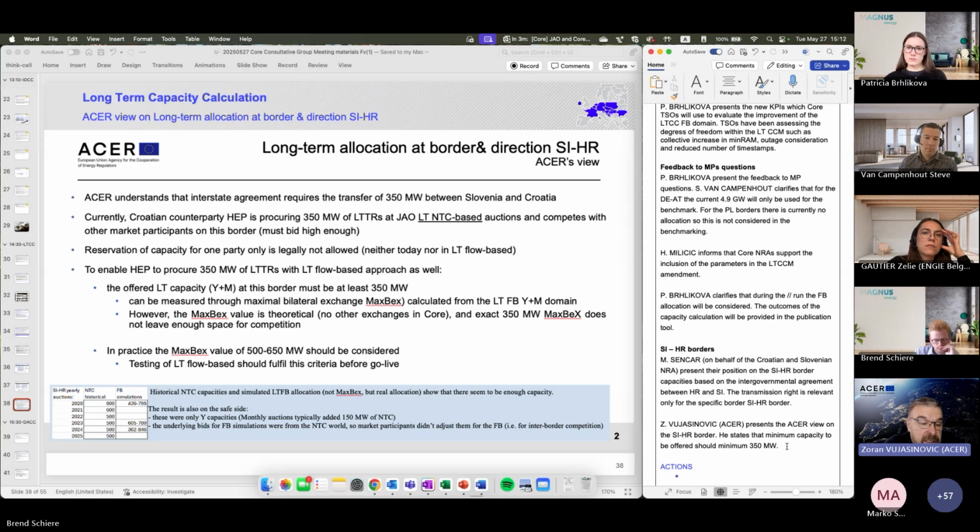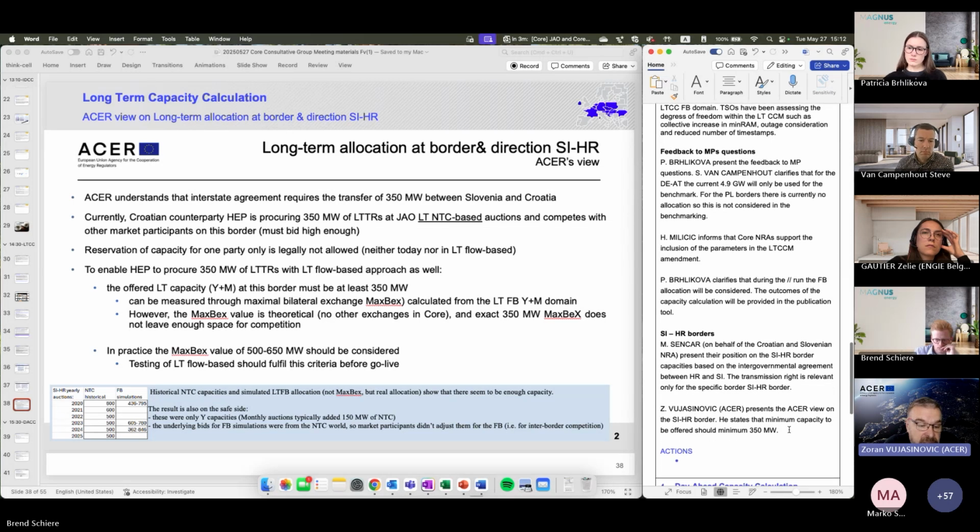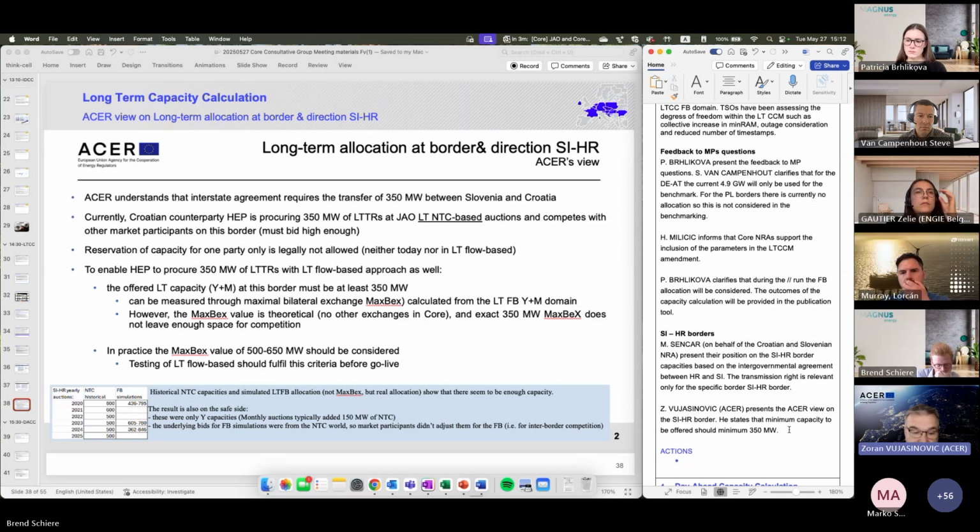Also, these NTCs provided here are also higher because these are only yearly capacities. Typically, there's 150 megawatts of NTC, which corresponds to Marko's figure of 650 megawatts from the previous slide.